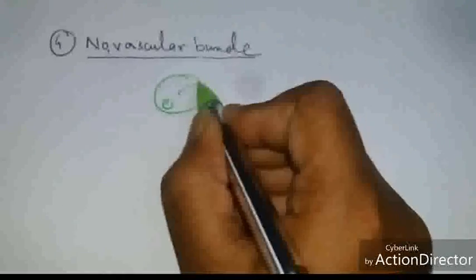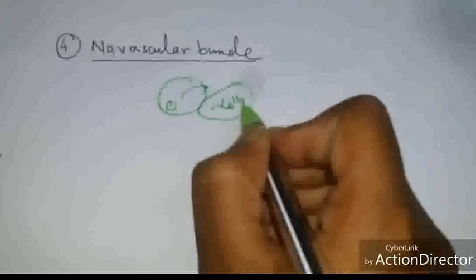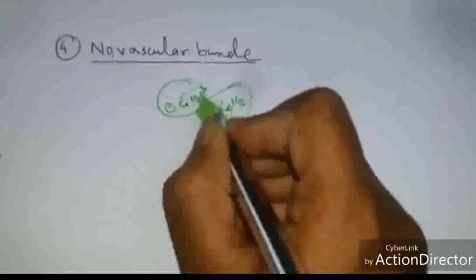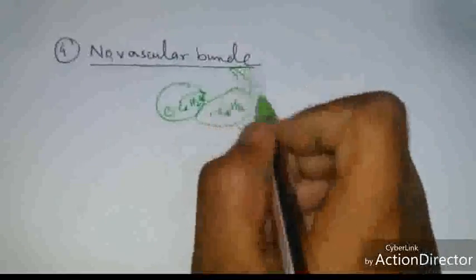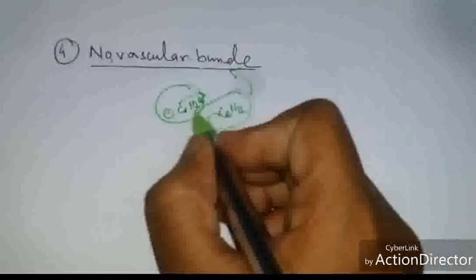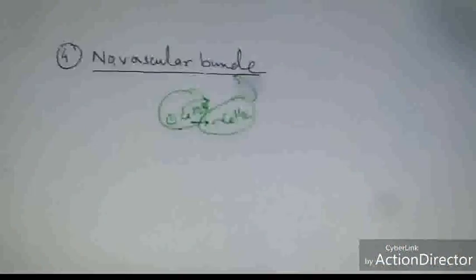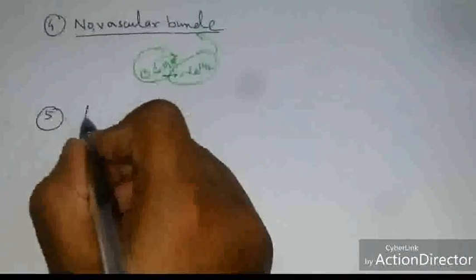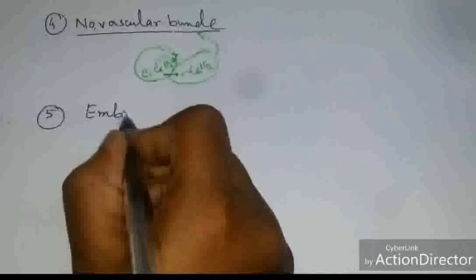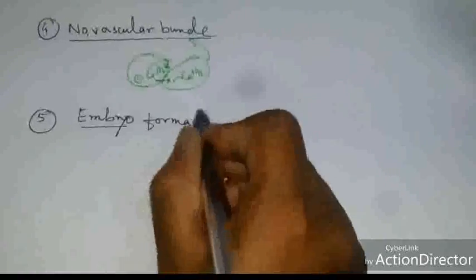So all cells can prepare their own food. So they don't require any vascular bundle or vascular system for conducting the food from one cell to another. Number 5, embryo formation cannot be found in this group.